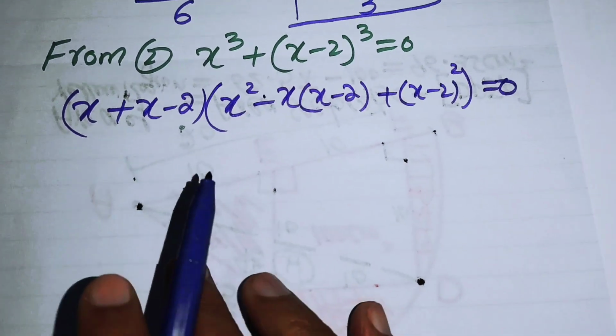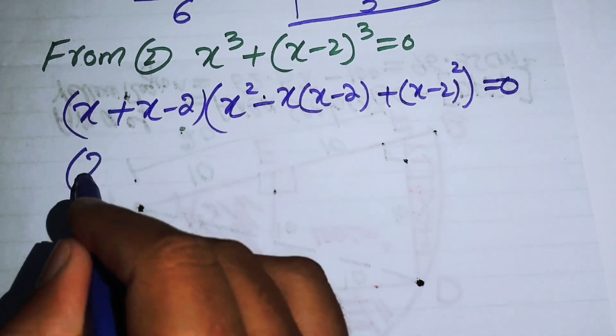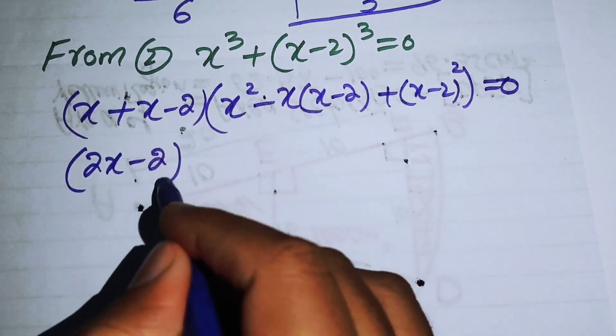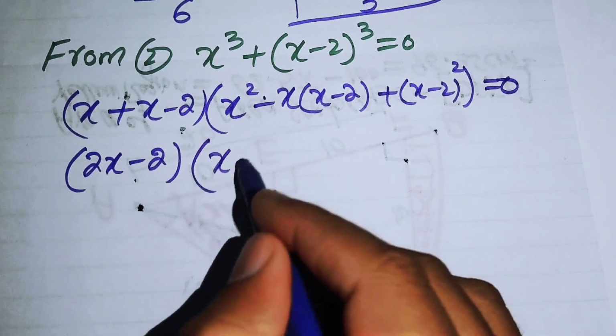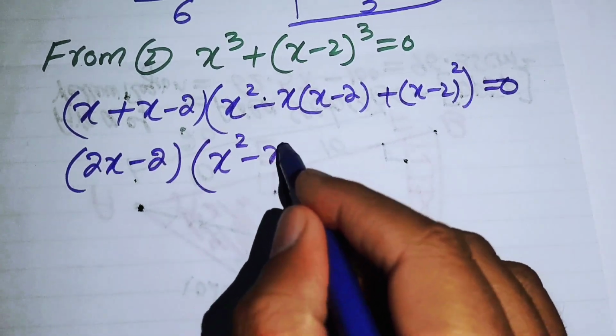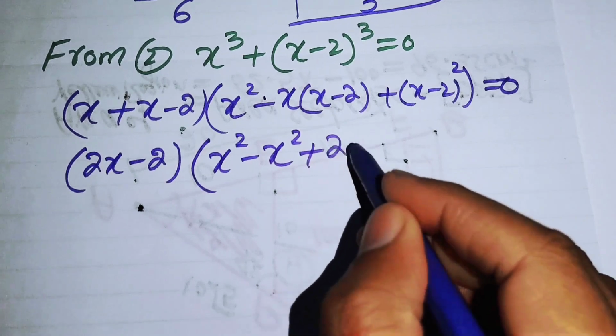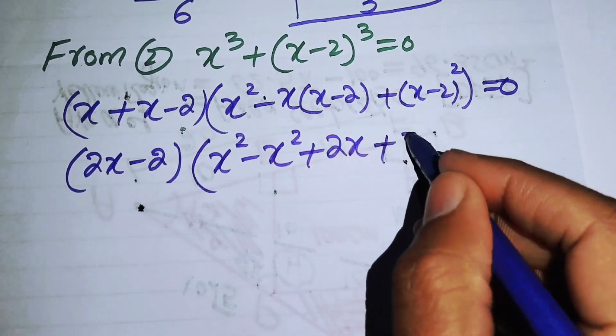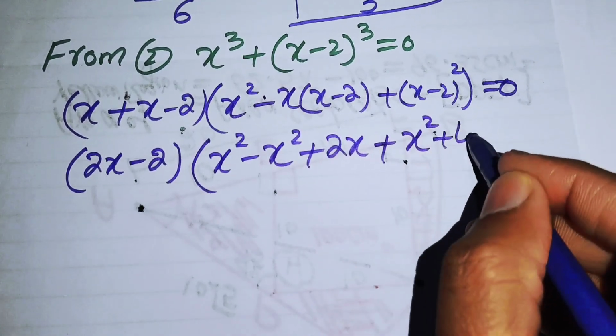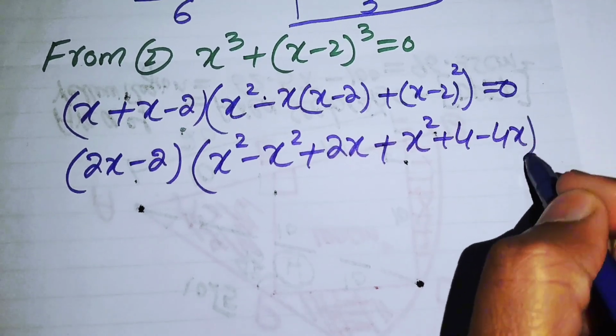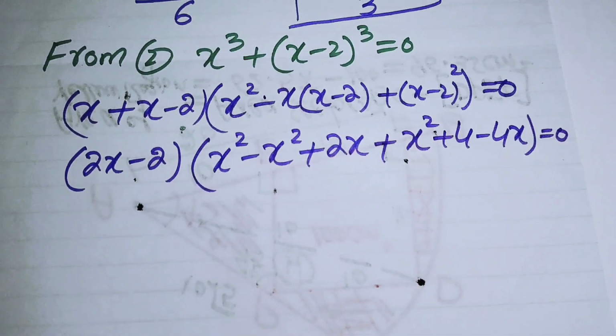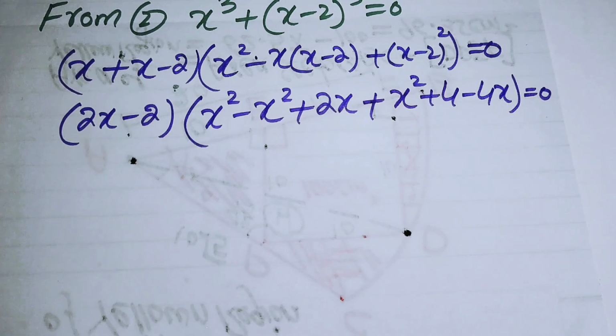Now we can simplify the terms, and you have 2 times x minus 2 into x squared minus x squared plus 2x, and now we can open this square, and you get x squared plus 4 minus 4x, and this whole equals 0. So here you have two cases.